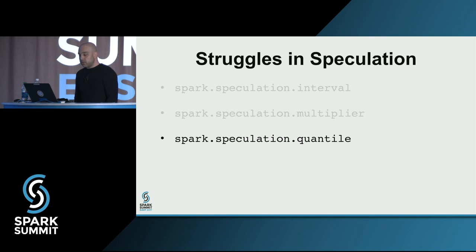trigger speculation after 95% of your jobs are finished, because the trick here is that you want to have progress and don't want speculation to be triggered too early, but you have to watch for the rest of the 5% of your pending tasks and how long the relaunched tasks will take.